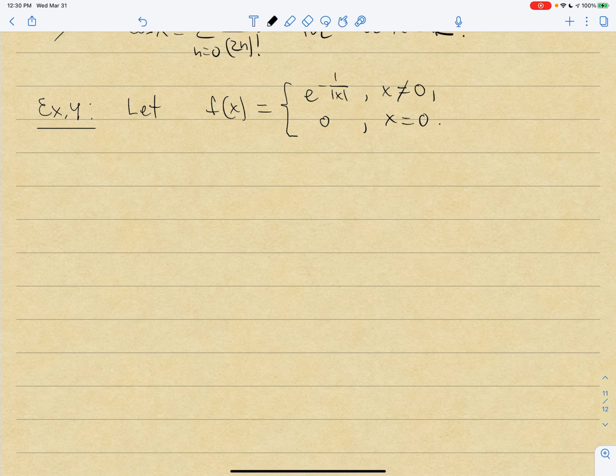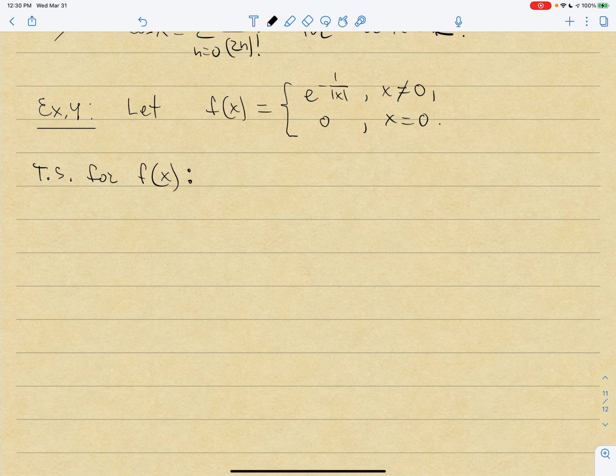And what I want to construct is the Taylor series for this f of x. Taylor series again centered at 0, because we're talking about just that, Taylor series centered at 0.